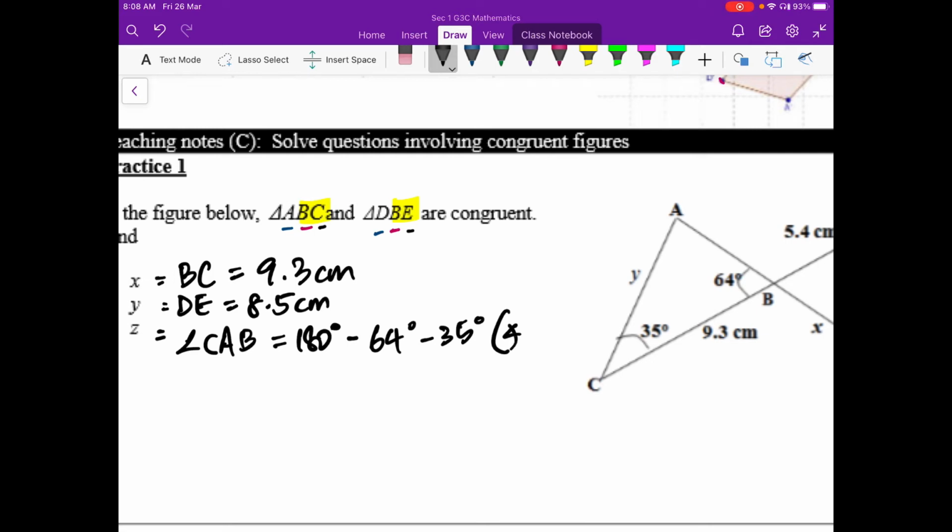Angle sum of triangle. Okay, so calculate this and you get 81 degrees, yes. So that's it.